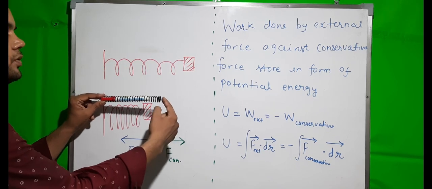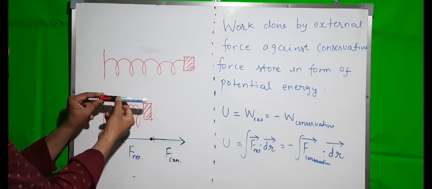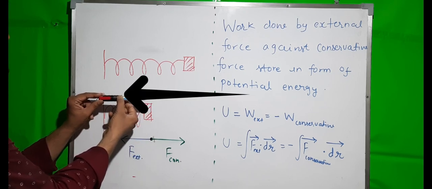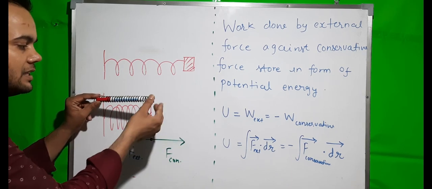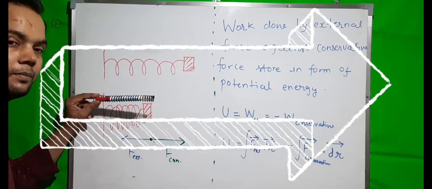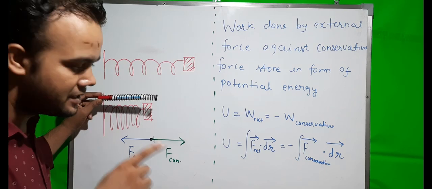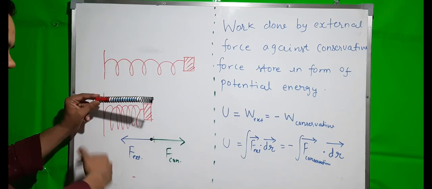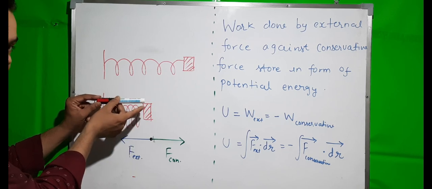As I try to compress it in this way, I need to apply an external force in this direction to compress it. In this case, the spring will apply force in the opposite direction. Now see, this external force is doing work against the conservative force.